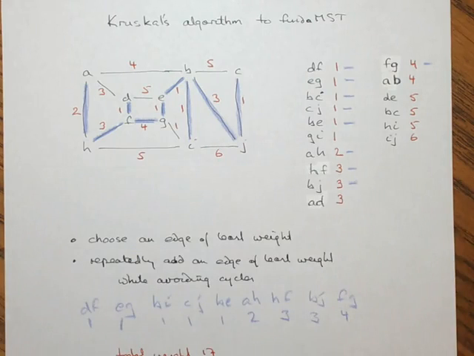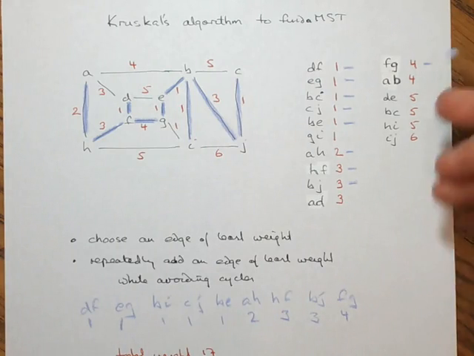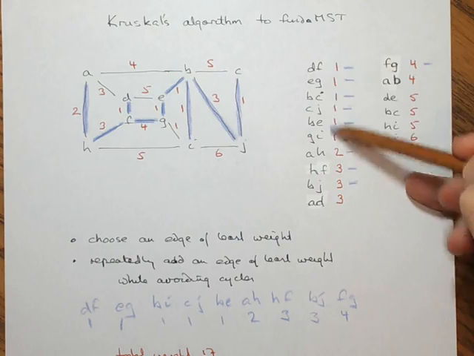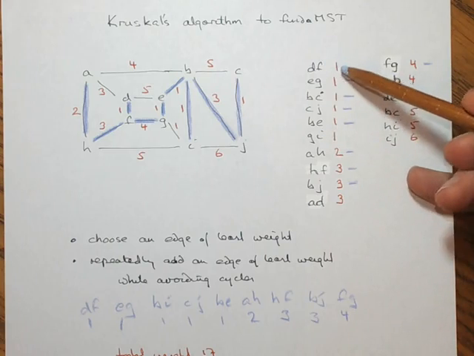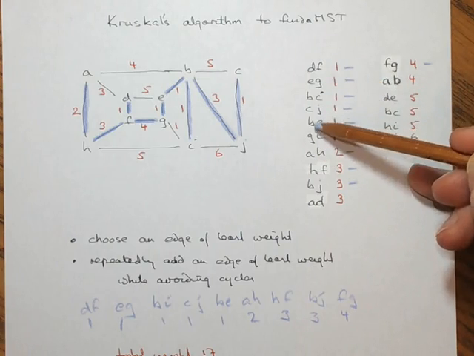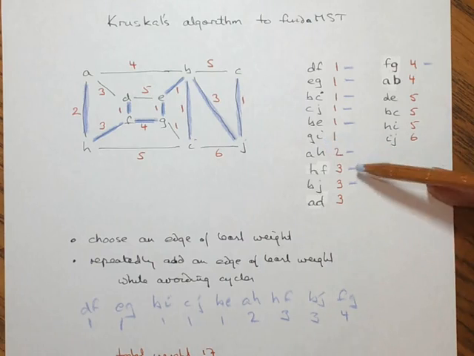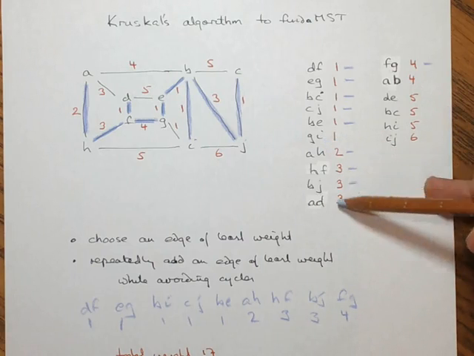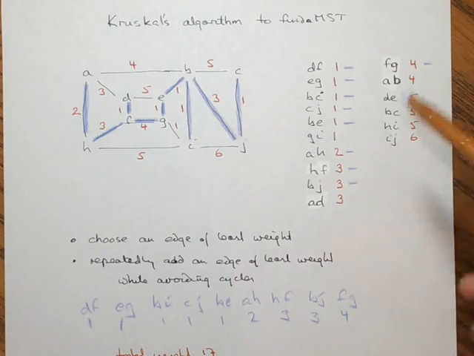And also, if we had ordered these differently, I just chose this ordering for the edges of weight 1, but if we had ordered them in a different fashion and then ordered them in a different fashion for the 3s, then again we would have gotten a different minimum spanning tree.